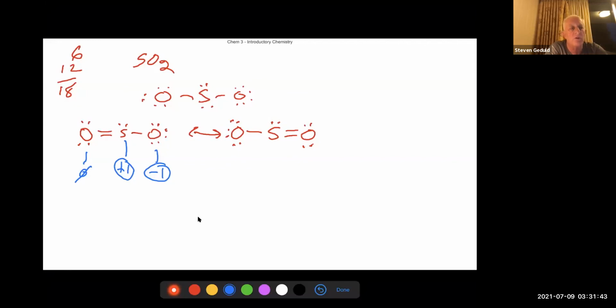The second half: draw a Lewis structure for SO2 in which all atoms have a formal charge of 0.